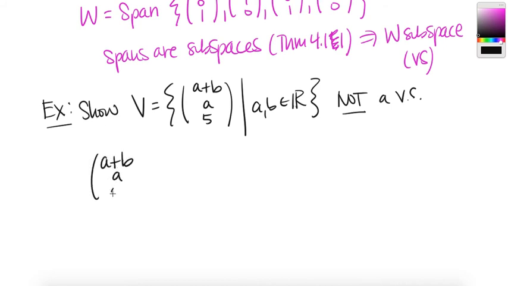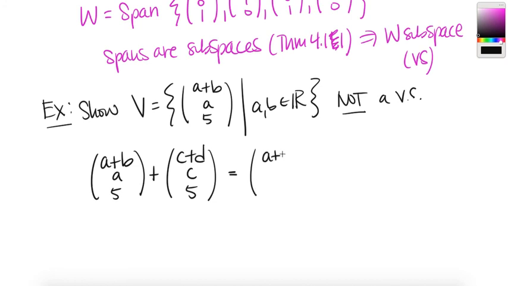So if I have a vector here that looks like this, and let's say I have another generic one in that same format, the sum of 2 numbers and then the other one. What's going to happen is I'm going to get A plus C plus B plus D, and the second component is going to be A plus C. So I'm looking good so far, right? It's a number plus a number, and the first part of the first component and the second component are the same.